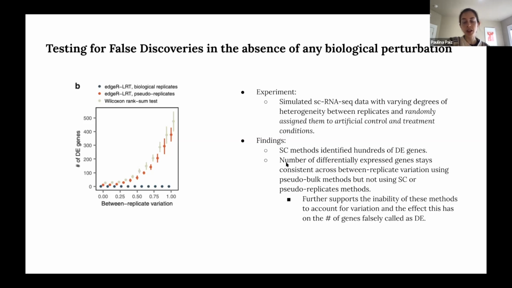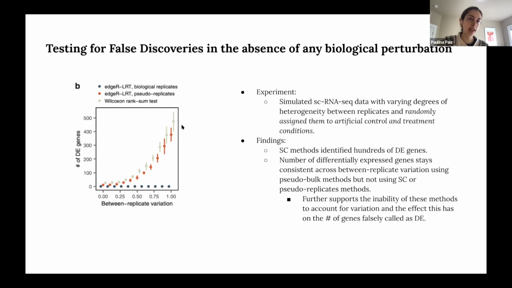They also found that the number of differentially expressed genes stays consistent across between-replicate variation. So this is why this line stays consistent, using pseudobulk methods, but not using single-cell or pseudoreplicate methods, which further supports the inability of these methods to account for biological variation between replicates and the effect this has on the number of genes falsely called as differentially expressed.